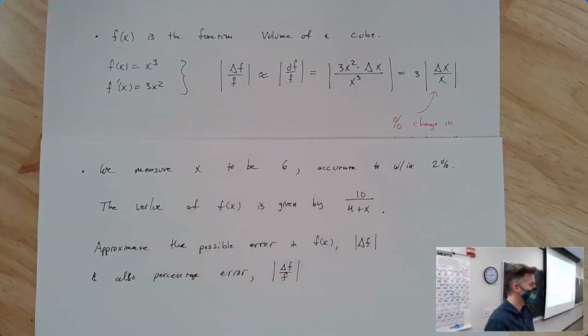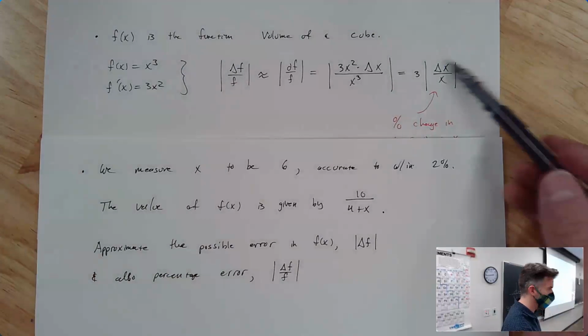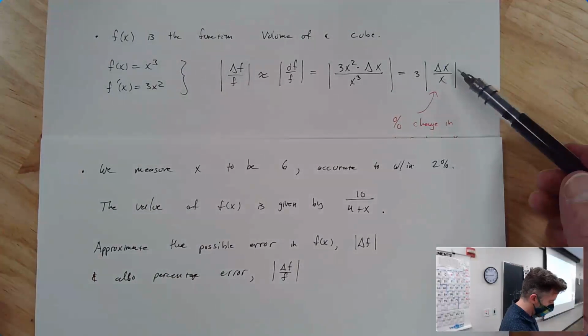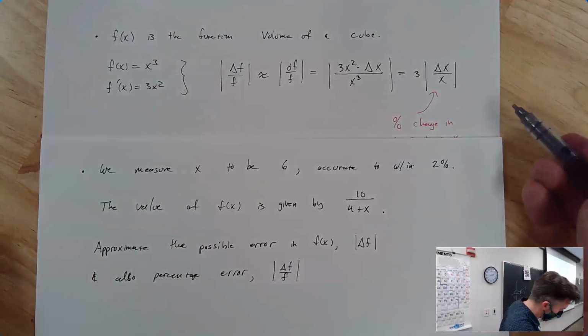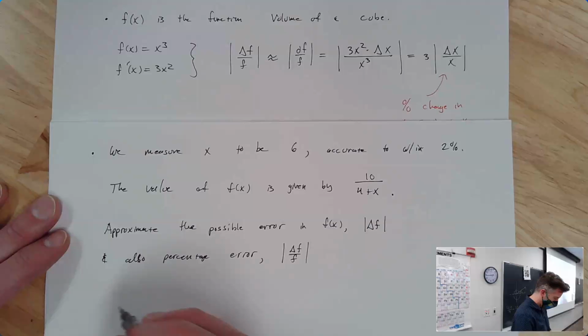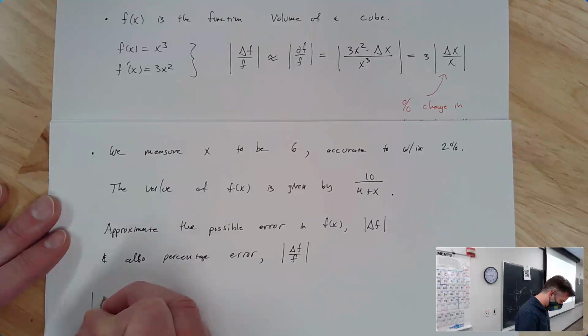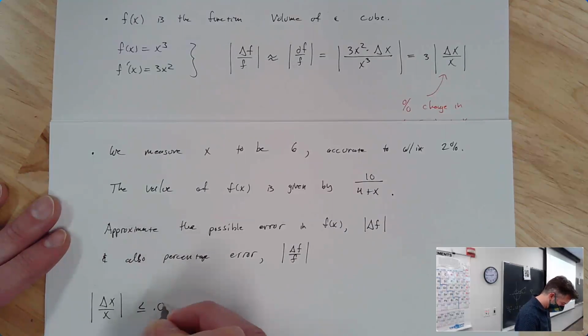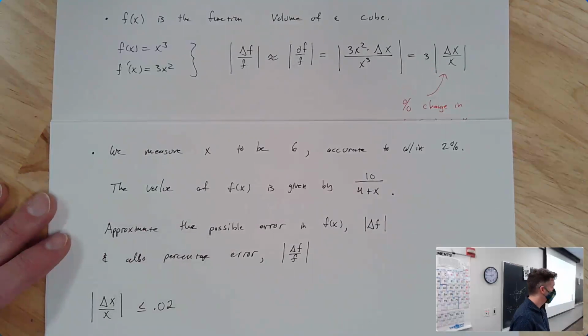The problem with a problem like this is that you can't do the nice slick thing we did before. What I would really love to be able to say, if I was just trying to do the second part, is that delta x over x is less than or equal to 0.02. Question, concern?